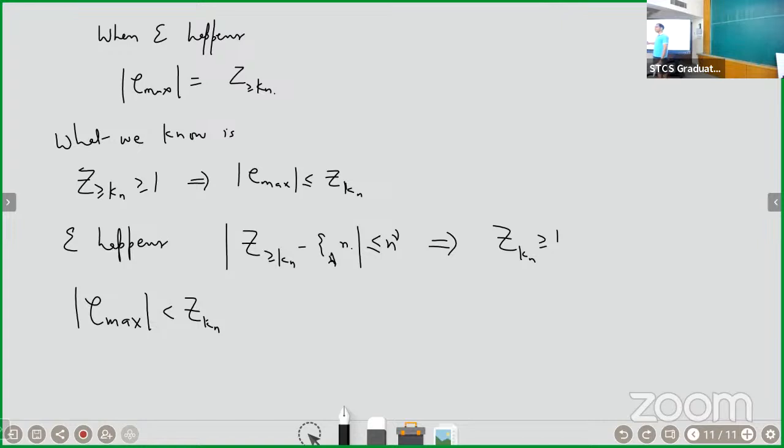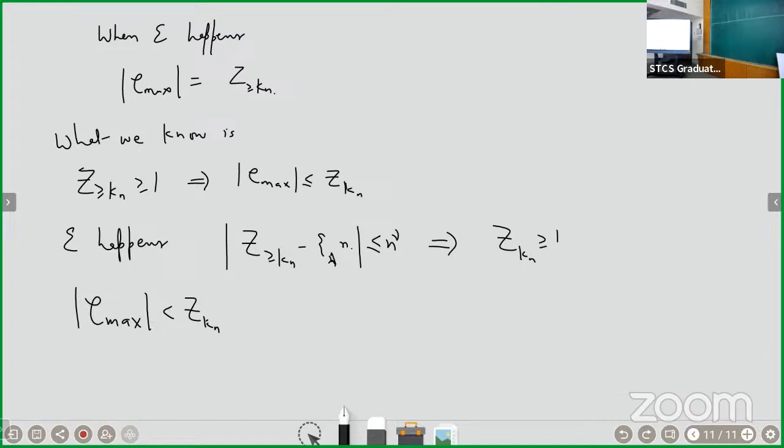So what you have to show is that this is not possible when E happens. You have already shown that C max is at most Zk. Now all we have to do is to rule out that it can be strictly less.